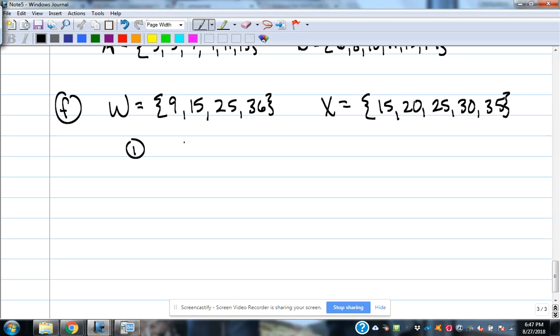Question number 1. Write the set at the intersection of those two. What's in the intersection? We got 15 and 25, both numbers. 15 and 25, small set.